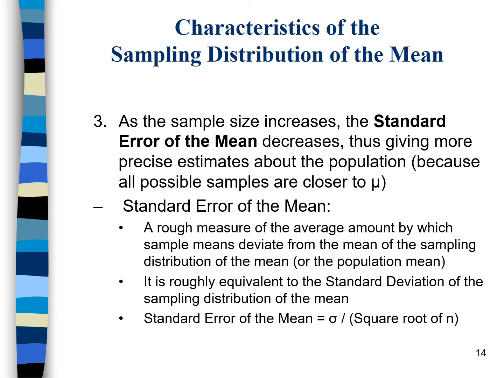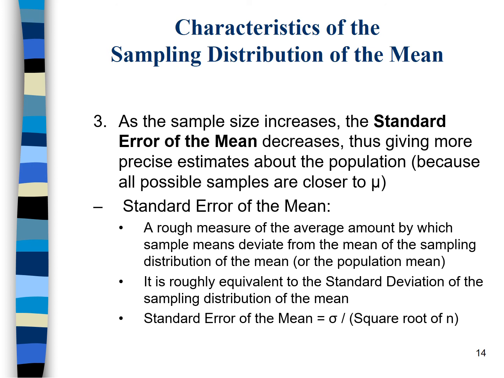So as the sample size increases, so we took all possible samples of size 2. But if I had instead increased my sample size, so say all possible samples of size 3, then what happens is the overall width of the sampling distribution of the mean shrinks.